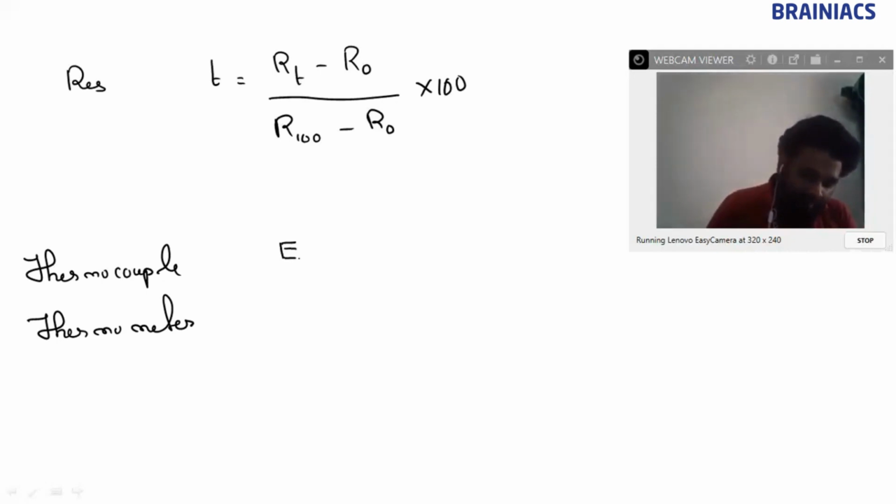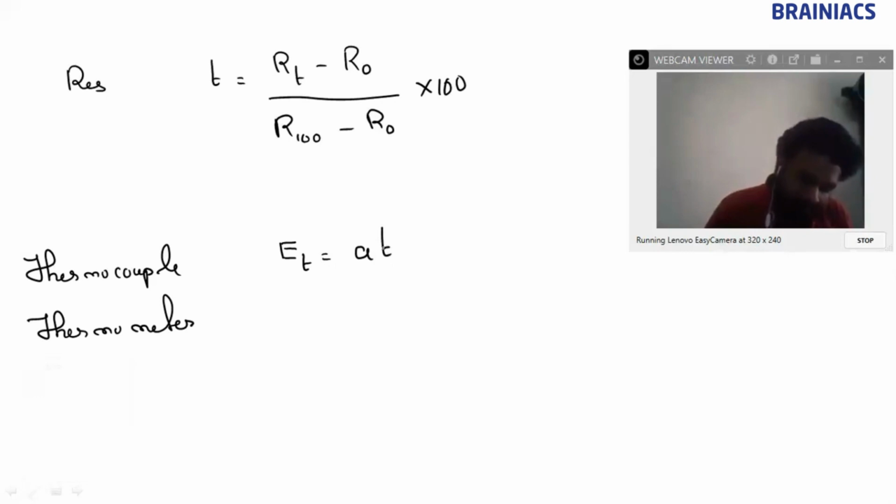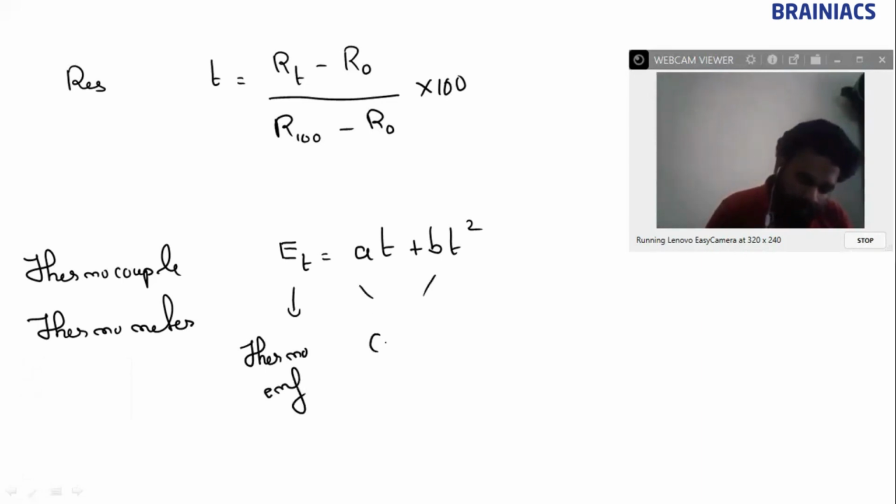So here the thermo EMF, E_T, is equal to a constant into T plus another constant into T square, where this is thermo EMF and A and B are constants.